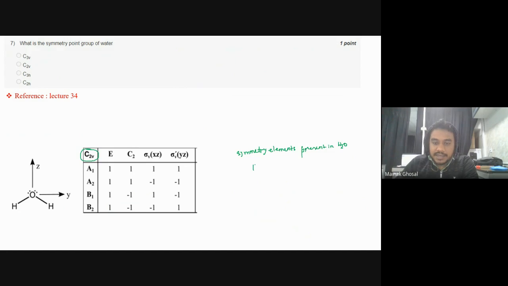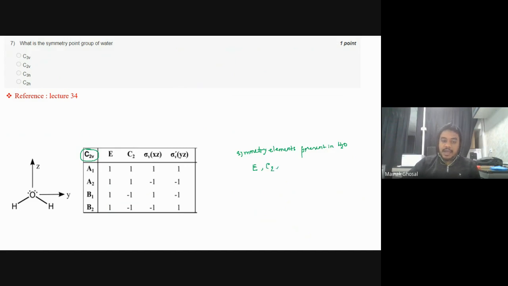Identity E is always there. For the water molecule, if in the z direction I use a C2 axis, that is, I rotate it by 180 degrees, these two hydrogens will be interchanged but the configuration is the same. So it will always have C2 symmetry.